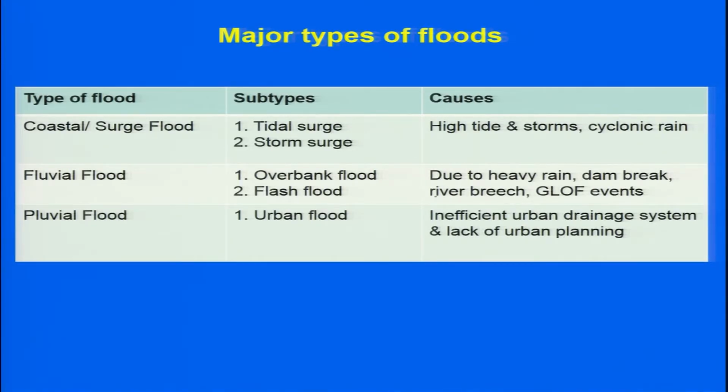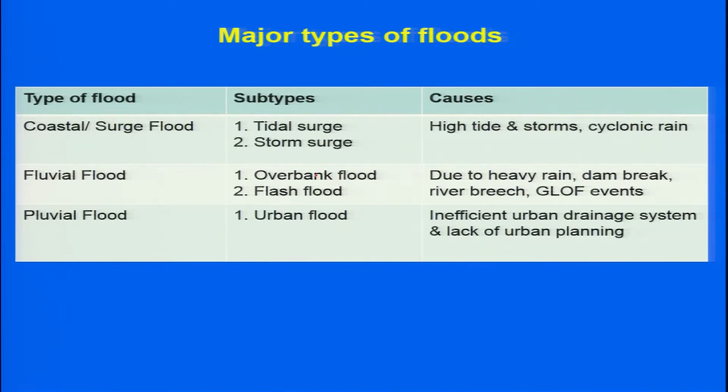Then a river breach, or a glacial lake which breaches. So these are the causes which can result in flash floods as well as overbank floods.